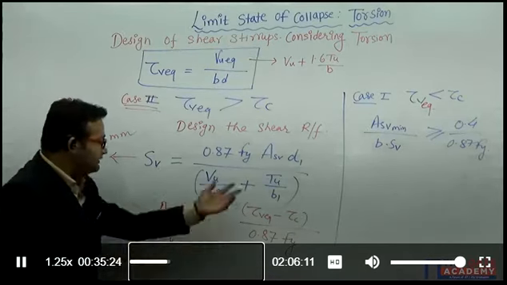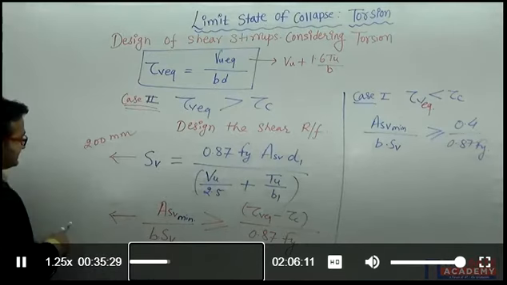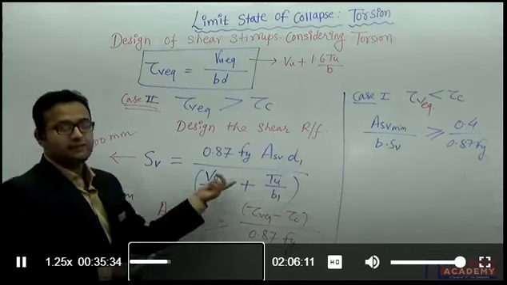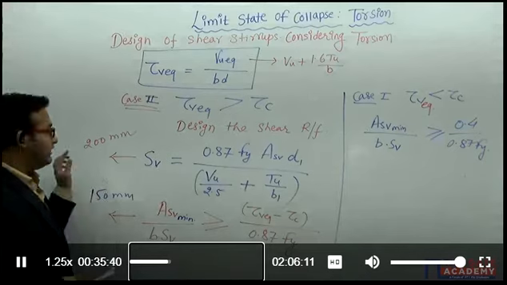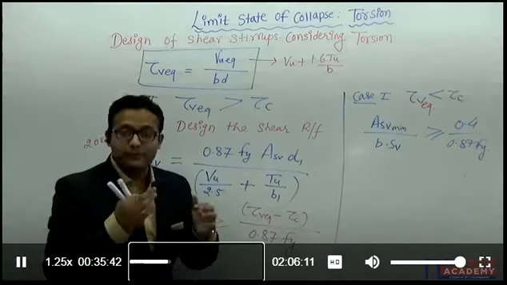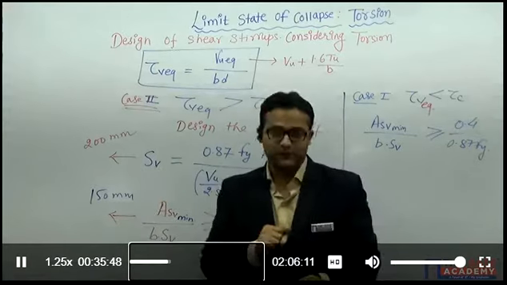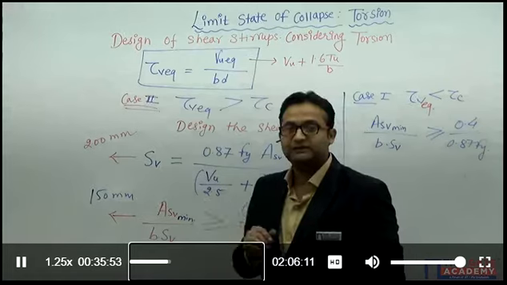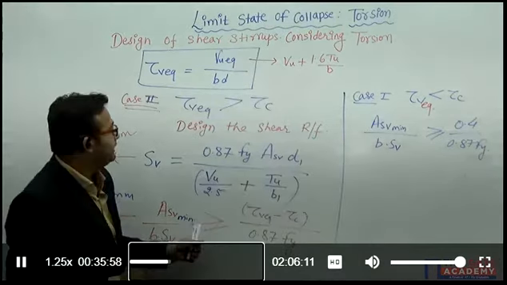So everything is known to me, I need to calculate only the spacing. The first formula is giving me spacing 200 mm and the second formula is giving me spacing 150 mm. So definitely I will provide 150 mm, the minimum spacing. I will not provide 200 mm spacing. The minimum of these two values is what I am going to provide in my beam. So this is the second case.